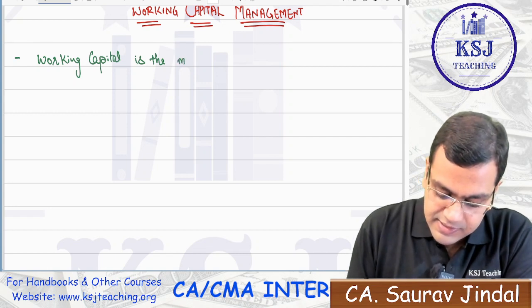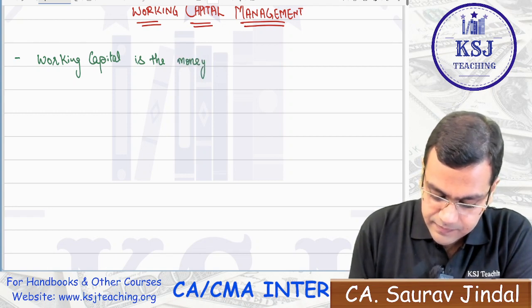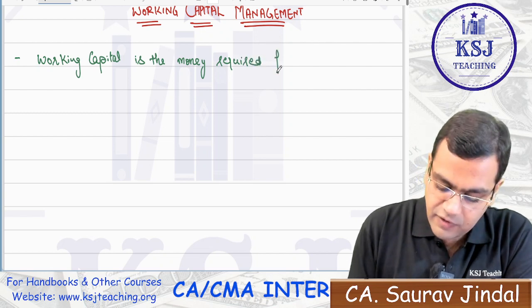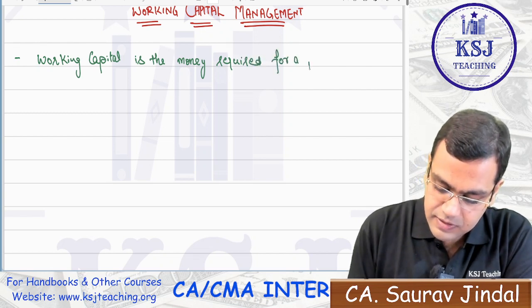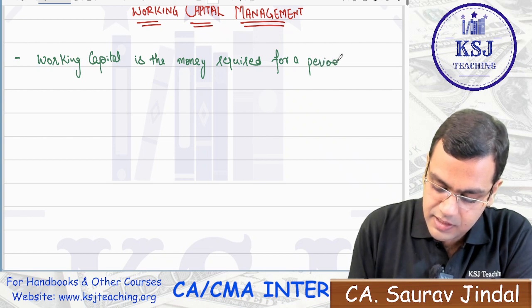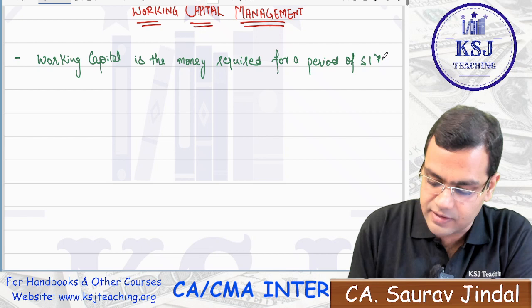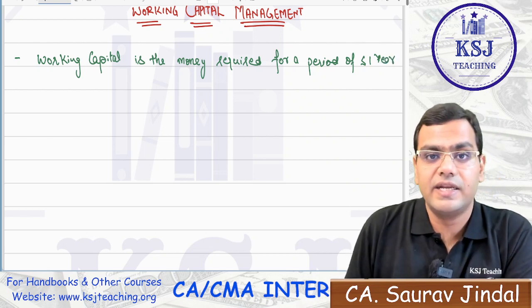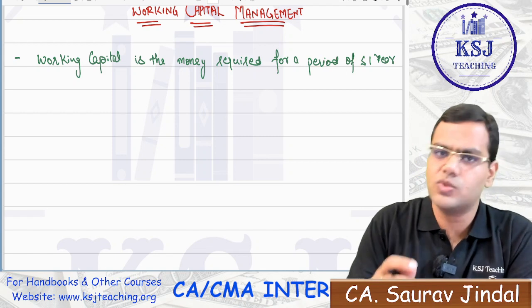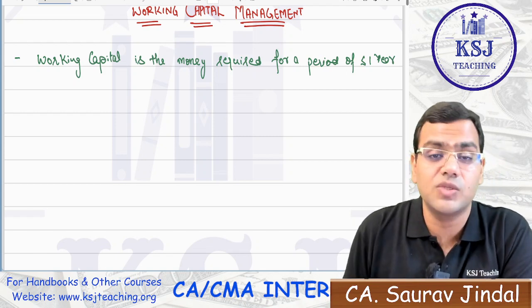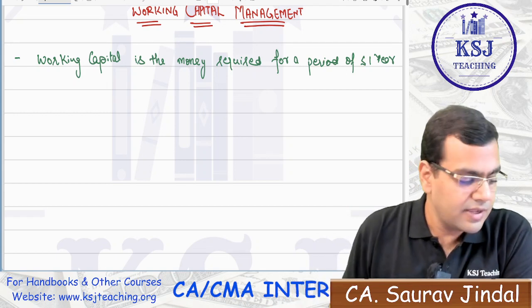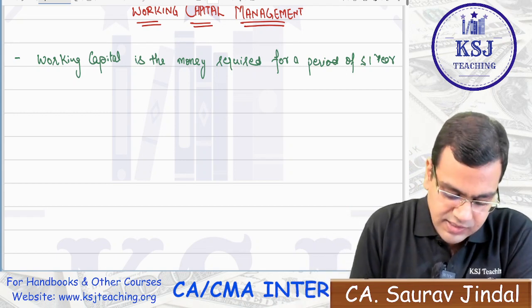Working capital is the money required for a period of less than equal to 1 year, right? So the first feature of working capital is it is the money that is required in the business for a period of less than 1 year. If it is more than 1 year, it is a longer period, then it is not known as working capital, right?